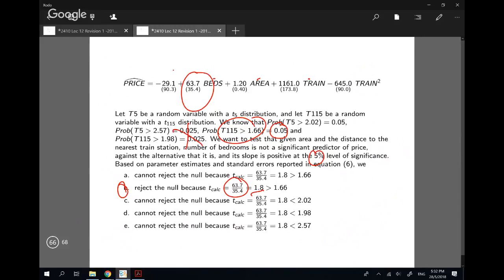So 115 is degrees of freedom. You follow? Okay, so it should be 116. So that's what they're asking. You know that is 5%, you know degrees of freedom, and you know how to calculate the test statistic. So that's what they're testing. Okay, all right. So B.